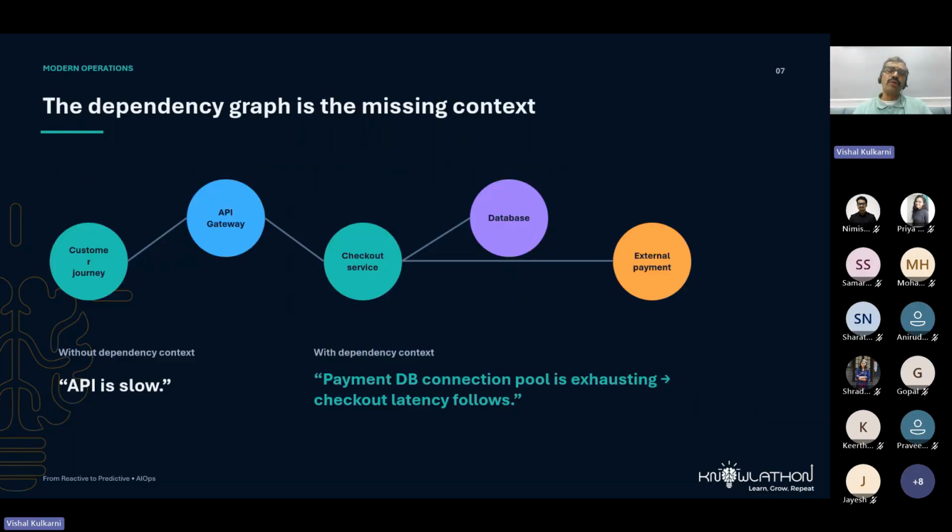As we move on, this is a typical graph based on my understanding and my experience in the past, of the kind of dependencies I've seen. This is typically called the topology. When I talk about a topology, it is definitely a relationship map of the environments, and it tells us what depends on what, right?